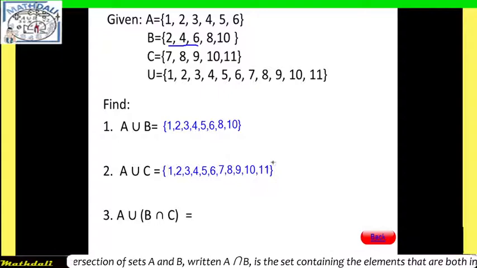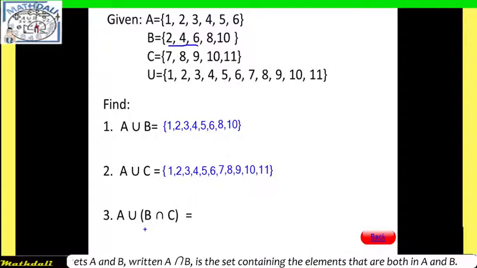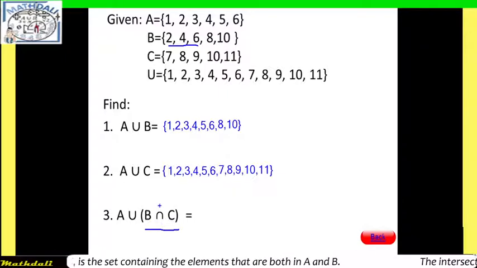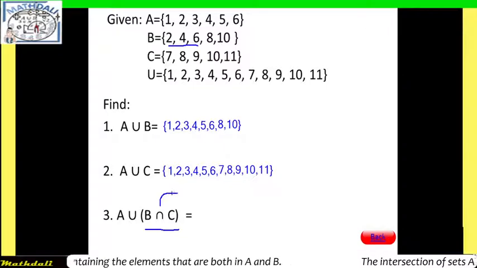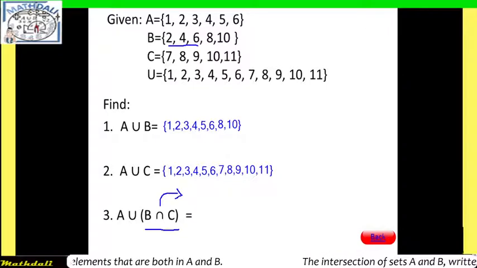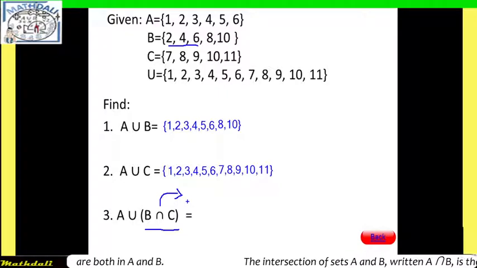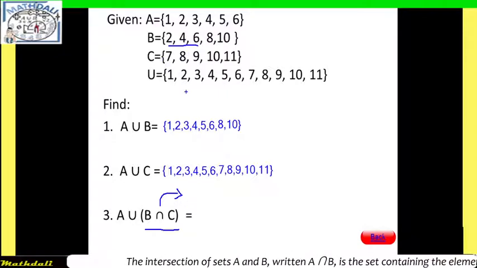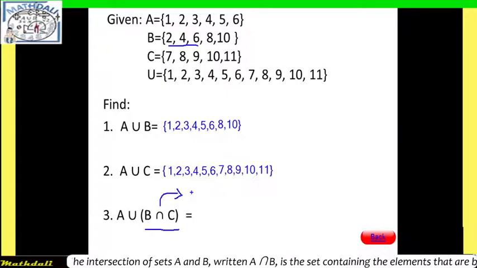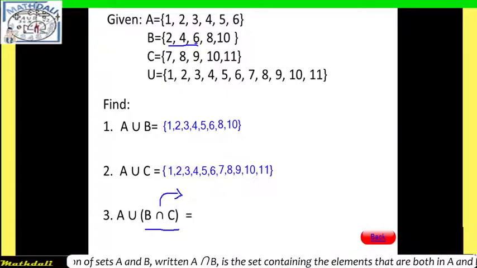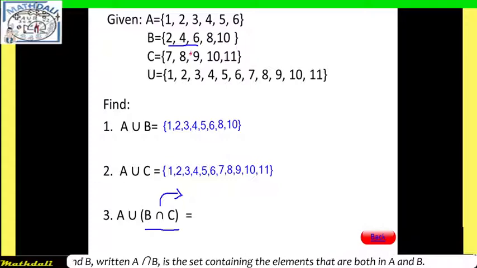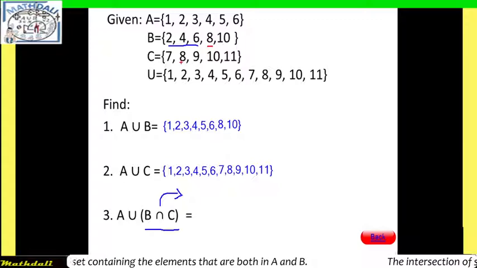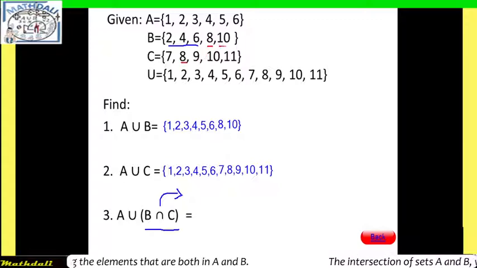Okay, next. Let us have this problem. In this problem, we have the intersection of set B and set C. Identify muna natin yung intersection. So, dito sa problem na to, ano yung common element ni set B and set C? So, meron tayong, ako ng red, common elements, we have 8, then we also have 10.